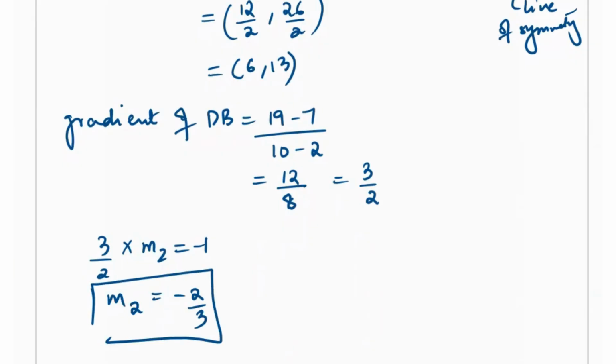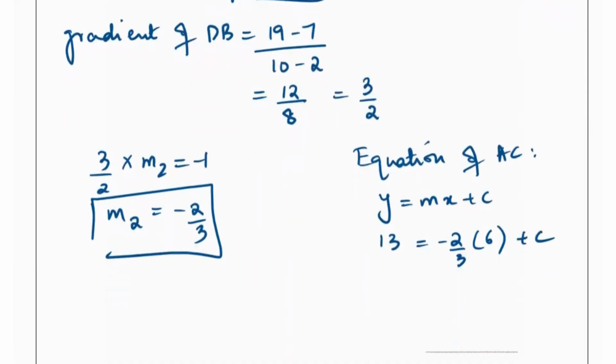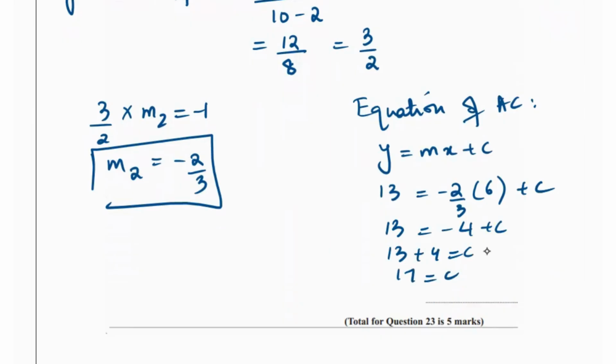We have the gradient, we have a point, we can easily find the equation. Equation of AC, which is y equals mx plus c. That's 13 equals -2 over 3 times 6 plus c, which is -4 plus c, and that's 13 plus 4, which is 17, which means y equals -2 over 3 x plus 17.